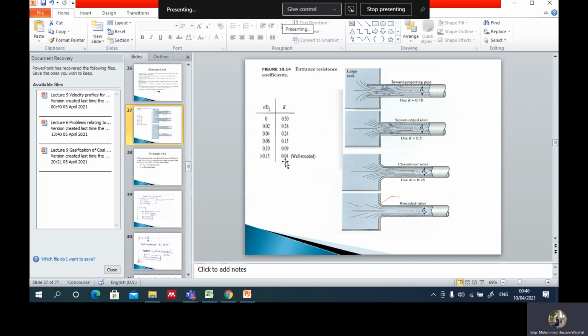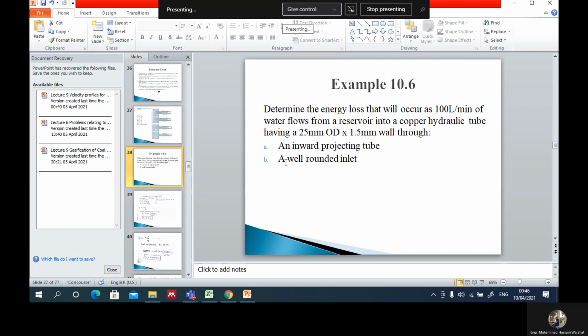So you can easily copy down this value from here, 0.04, and you know your U2 value will not change until and unless the diameter of your pipe changes. Yes, if the diameter changes, the area will change. As a result, the velocity will change. But we are assuming everything is constant, so nothing changes.